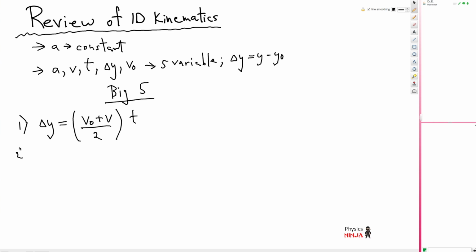The second equation for my big five tells me that the velocity at any time is simply equal to the initial velocity plus acceleration times time. The third one I'll write as the displacement equals the initial velocity times time plus 1/2 at squared.